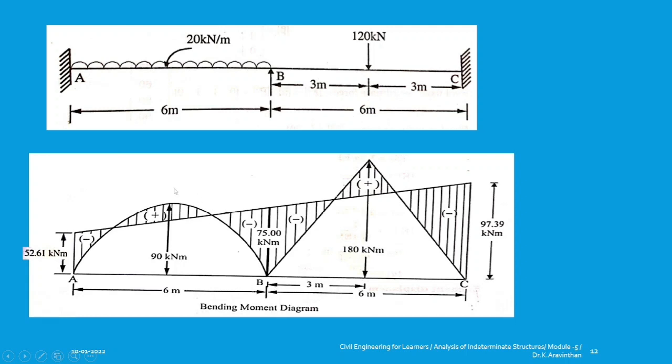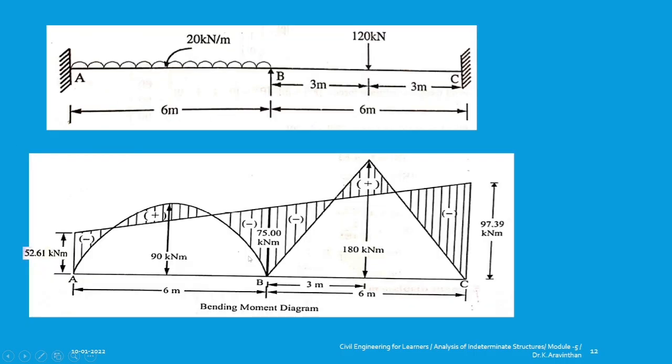Why is it a parabola here? Since you have a uniformly distributed load. Why is it a straight line here? If you have a point load, you will be having a straight line as bending moment. Okay. Then at joint A, you got the answer of 52.61. This is your answer, 52.61. And at the joint BC and CB it is 75. Hence, it is taken as 75.